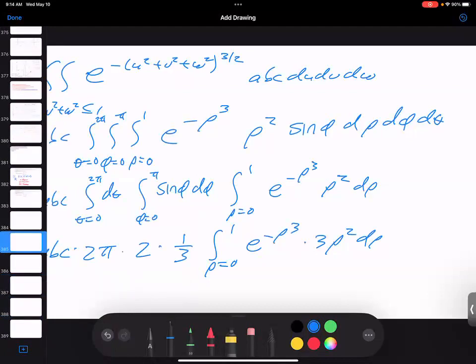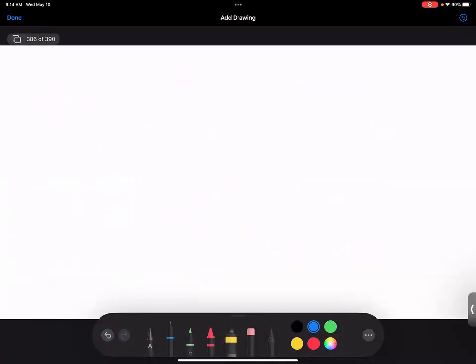So we now have the integral from 0 to 1 of e to the negative rho cubed, 3 rho squared d rho. I need a letter to use. T is probably a good letter. We'll let t equal rho cubed. So dt is 3 rho squared d rho.